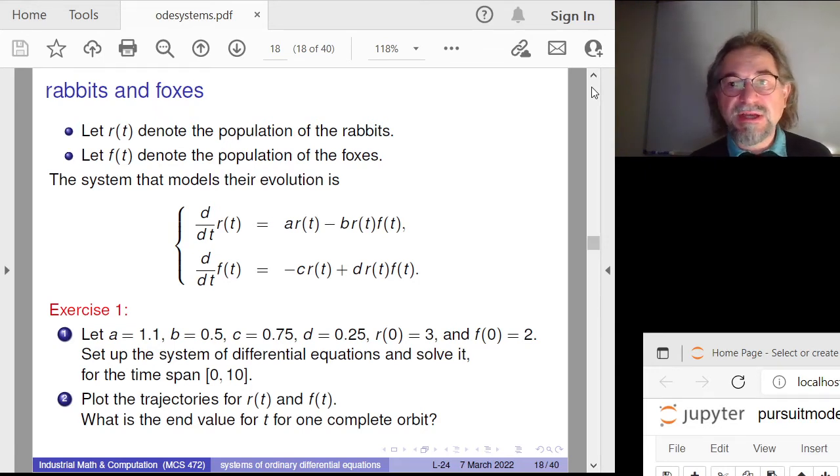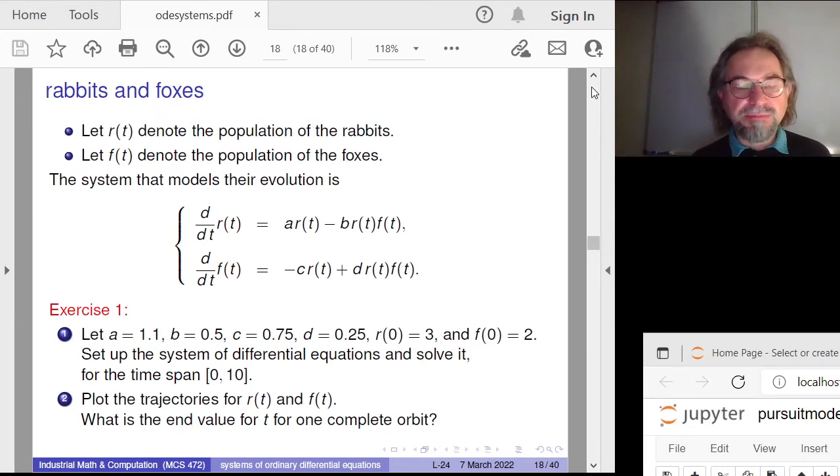There is an interesting dynamics. Both populations tend to hold each other in equilibrium. If there are too many foxes out there, then the rabbit population starts to decrease, and then the foxes population doesn't have enough food. So there is this kind of pendulum-like mechanism that swings back and forth.